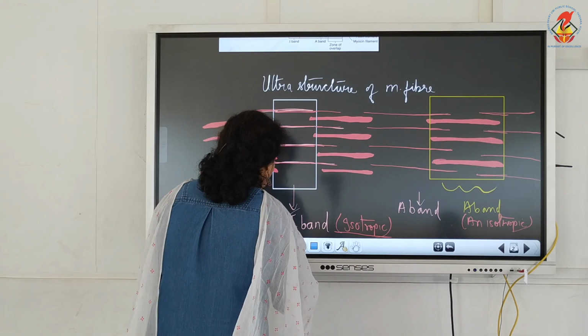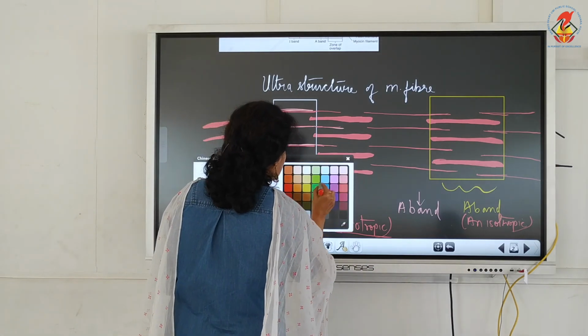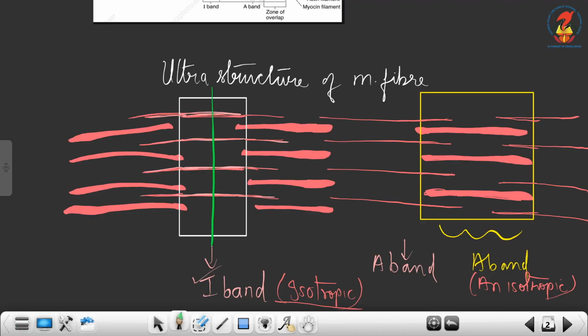Now in the center of the I band is a line called the Z line. Correctly at the center there is a Z line. So at the center of every I band there is a Z line. And the portion of the muscle fiber between two Z lines is called the sarcomere. Very, very important.